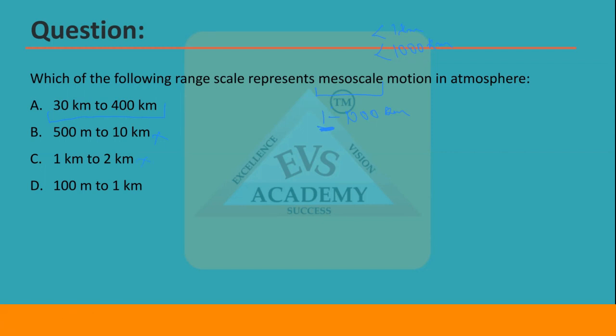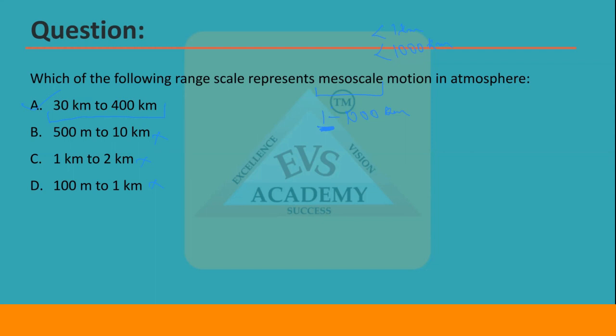We have to reject it because it is a very narrow and very initial range. Then we have 100 meters to 1 kilometer. This is also not in the range. This is the micro scale range, so this is also not true. So the nearest possible answer in this case is 30 kilometers to 400 kilometers.